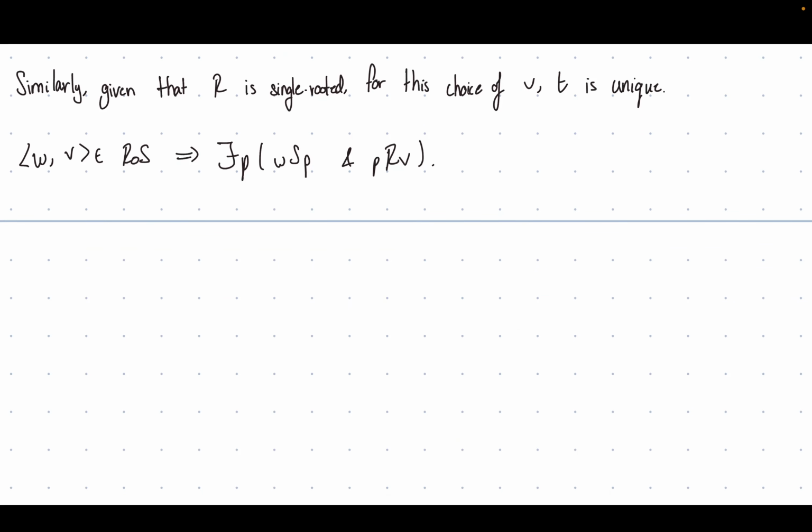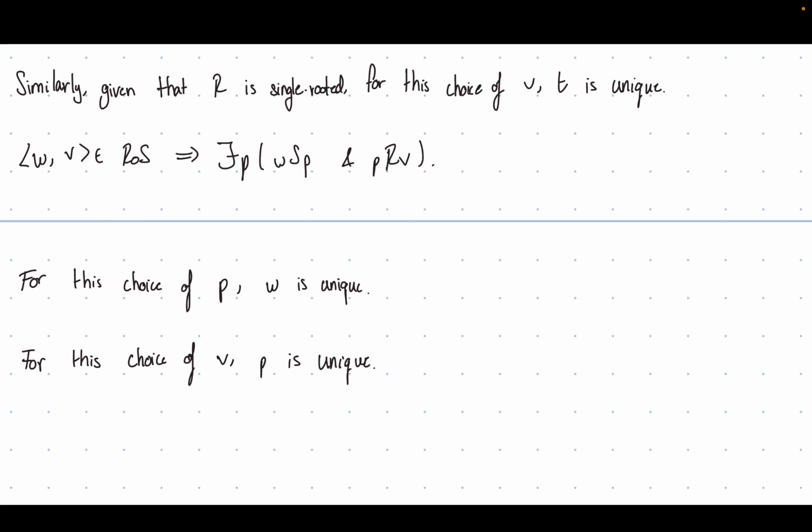So for this choice of P, W is unique, and for this choice of V, P is unique, since R and S are again single rooted sets.